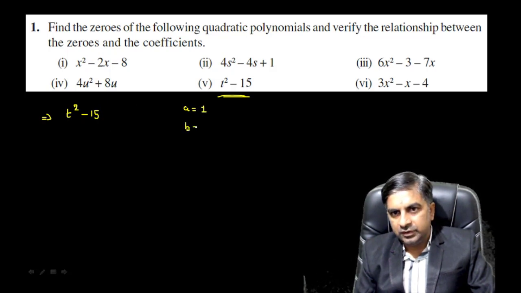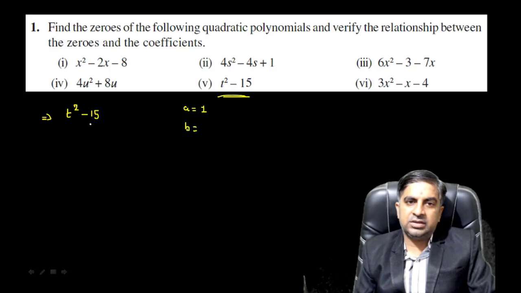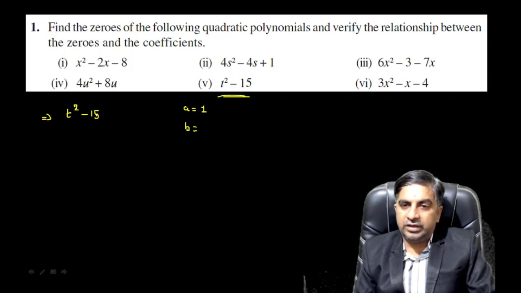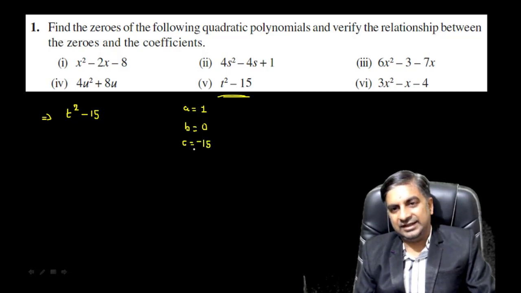What I have seen generally is that when I ask for b, they say minus 15. Wrong guys. Actually the term with the squared variable is a, the term with only the variable, x raised to power 1, is b, and the term without a variable is c. So here your b is 0 and c is minus 15. Please keep this in mind guys.